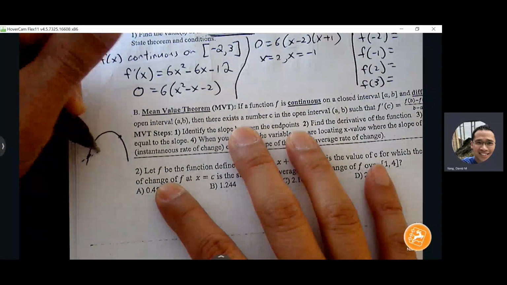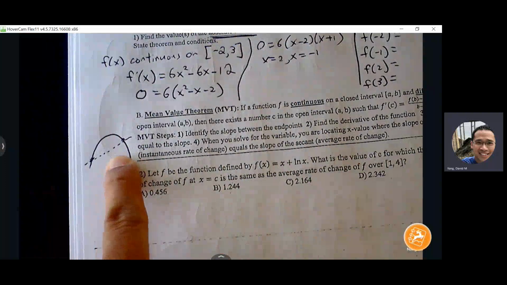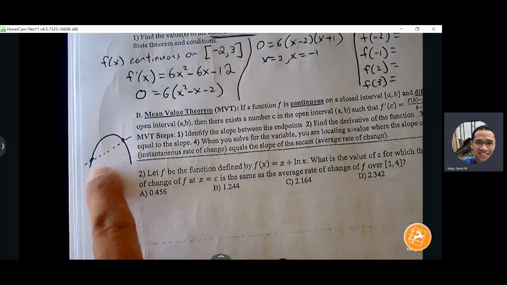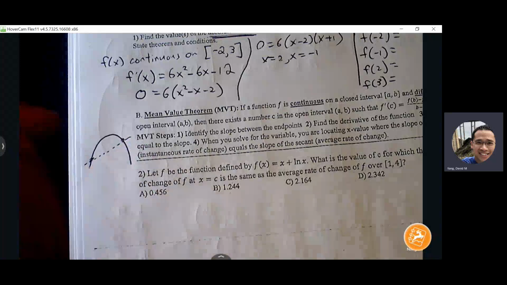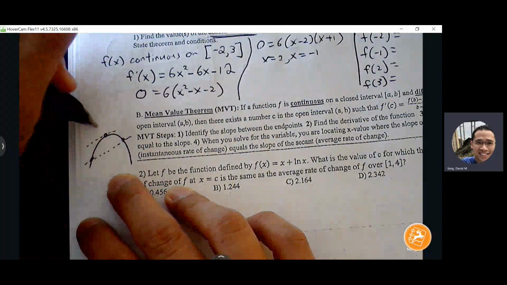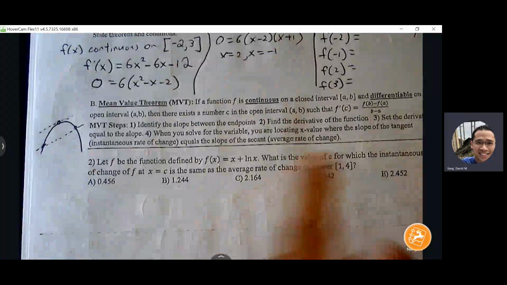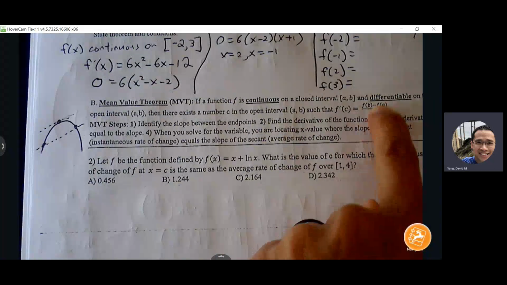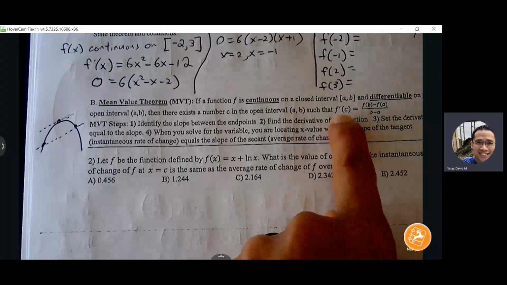It could be 2, it could be 3, it could be 5, but whatever that number is, I can guarantee that there must be that slope behavior somewhere along the curve. So if there's a slope of 2, there must be a slope of 2 somewhere along the curve. Basically, whatever slope I find between the endpoints, there's going to be an instance on the curve where the exact steepness is also that value.